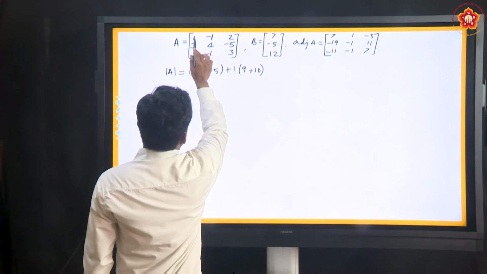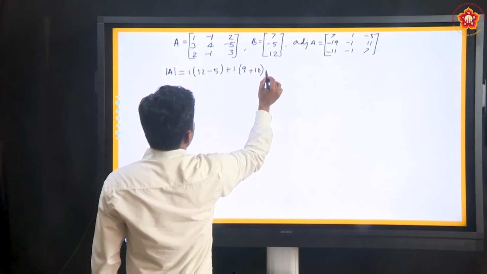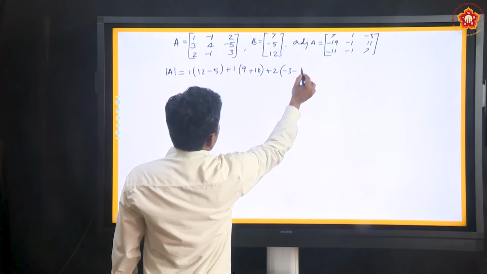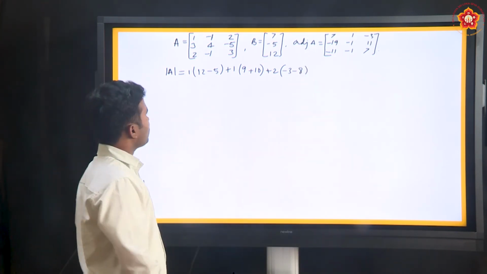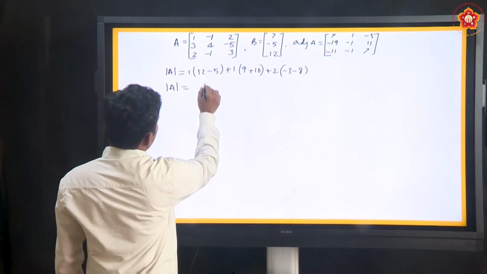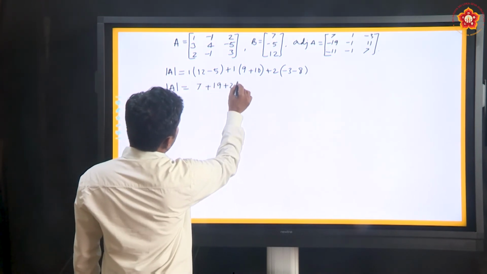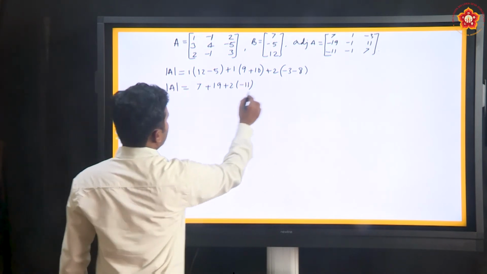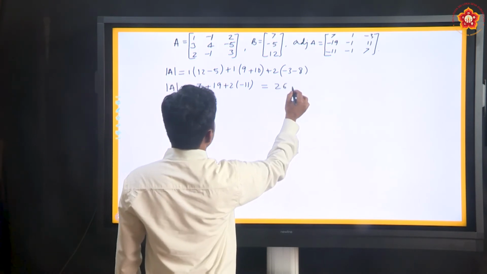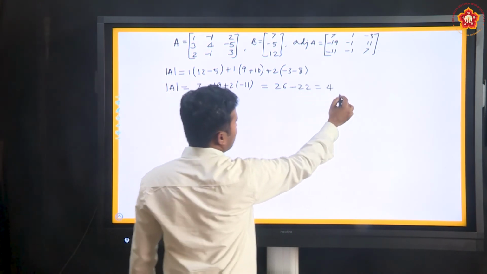And then delete the first row and third column, it will be plus 2 times of minus 3 minus 8. So, determinant of A is equal to 12 minus 5 is 7 plus 19 plus 2 times minus 11. 7 plus 19 is 26, 2 into minus 11 is minus 22. So, the answer is 4.